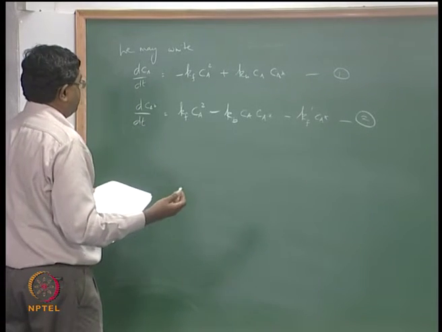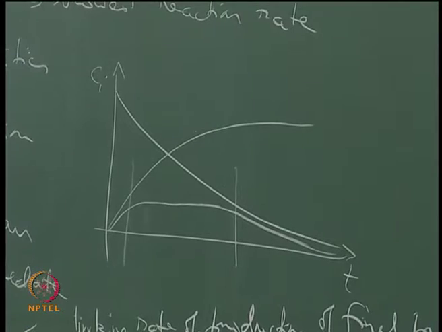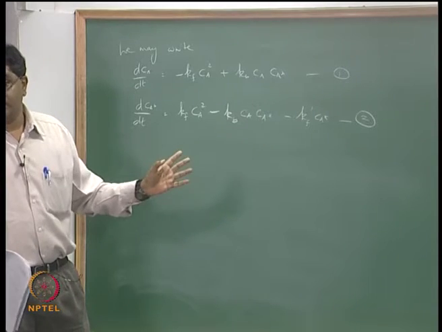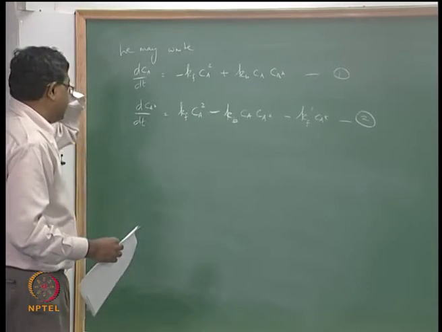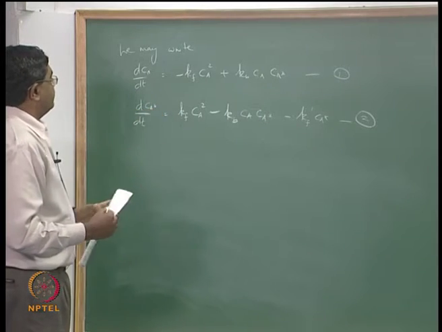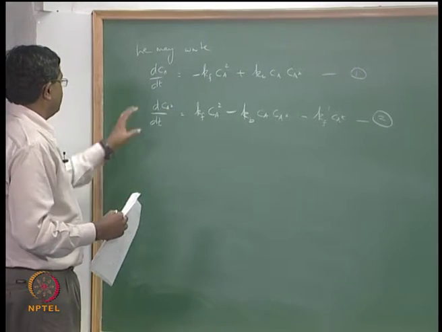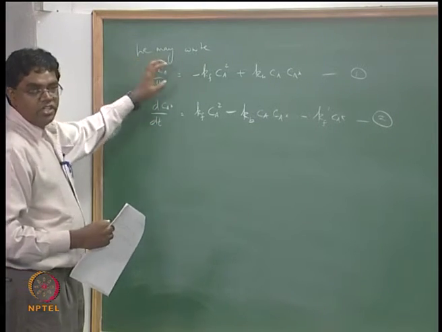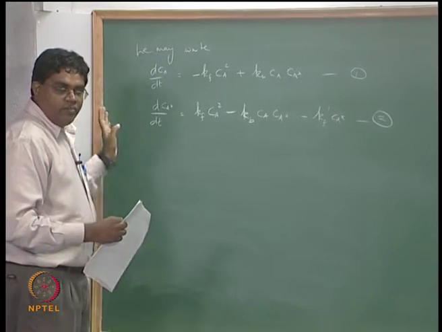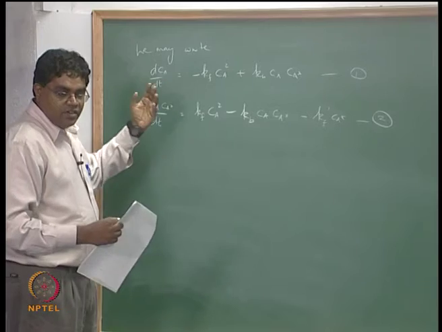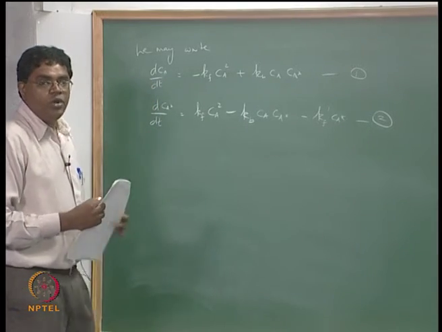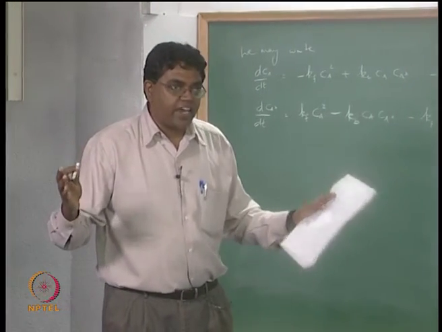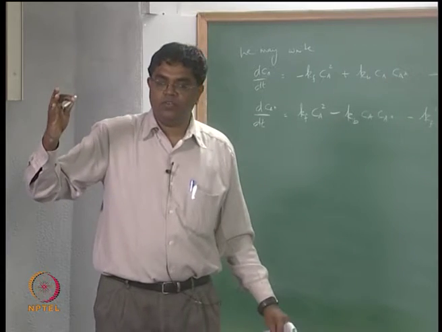So what you could do is, in this equation you could try to eliminate Ca star. Let's say you're not interested in Ca star at all. Okay, so you can eliminate your Ca star from these 2 equations, and then you can also try to get your dCA star over dt, which will involve a dCA by dt when you try to eliminate Ca star, and then plug for Ca star and dCA star by dt, and you now get like a humongous looking nonlinear second order ODE for Ca.